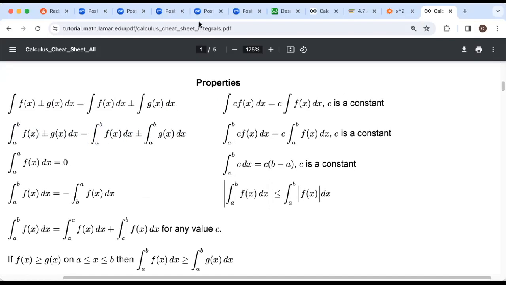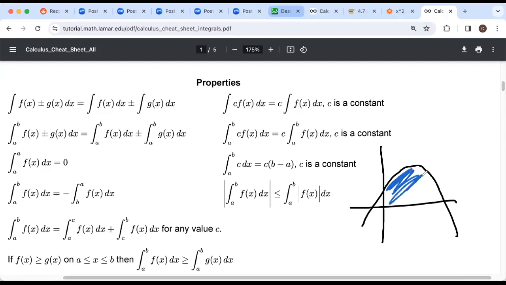You know what an integral represents, right? It represents area under a curve. So if you have a graph and some curve that looks like this, you could say this here is the area under the curve. Really we mean the area between the curve and the x-axis.